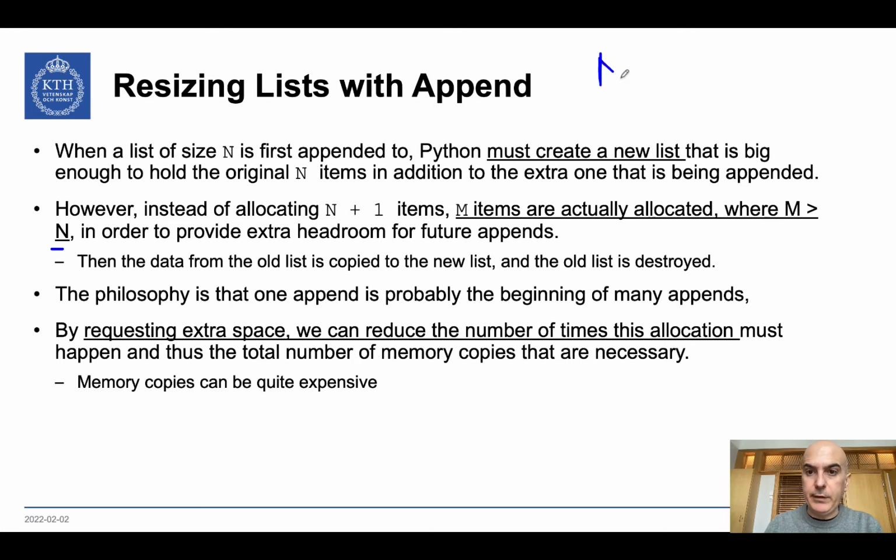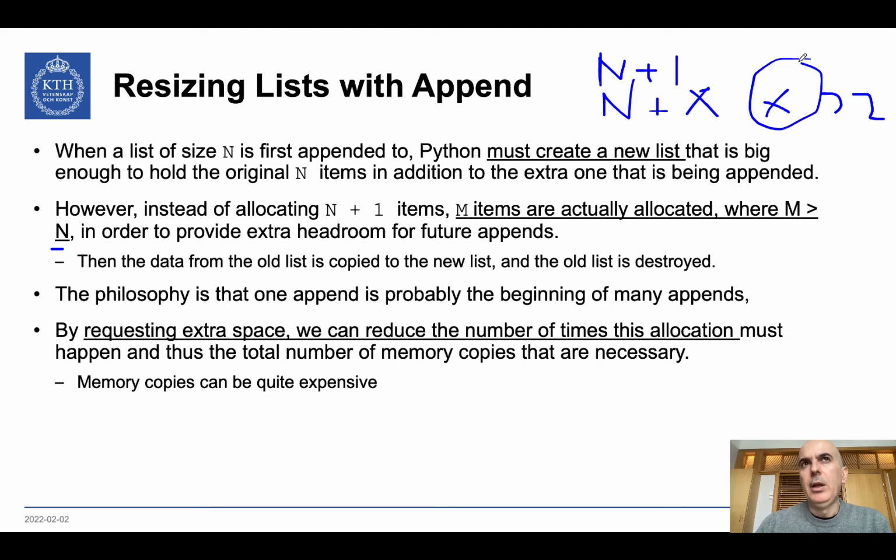So we have n plus x, where x is typically larger than 2, or some bigger number. We'll see how this number x is actually chosen. The important point is that a number of extra items are allocated. So not just one more, but many more.